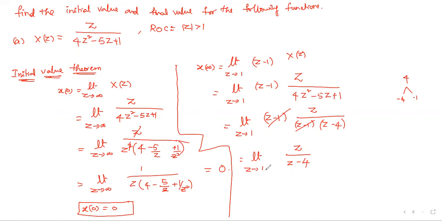Now if you apply z equal to 1, what we will get? 1 divided by 1 minus 4, that is minus 1 by 3. This is minus 1 by 3, right?